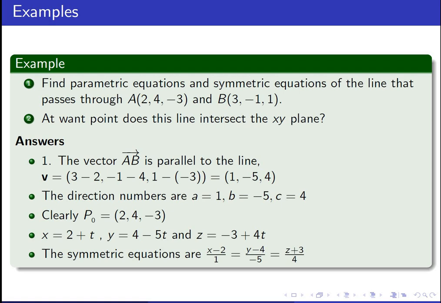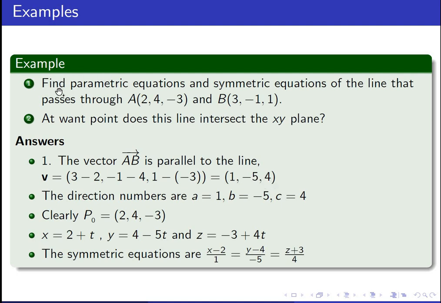The vector AB is parallel to this line here, so we get 3 minus 2, negative 1 minus 4, and 1 minus 3. So the difference or the direction vector will be 1, negative 5, and negative 2.